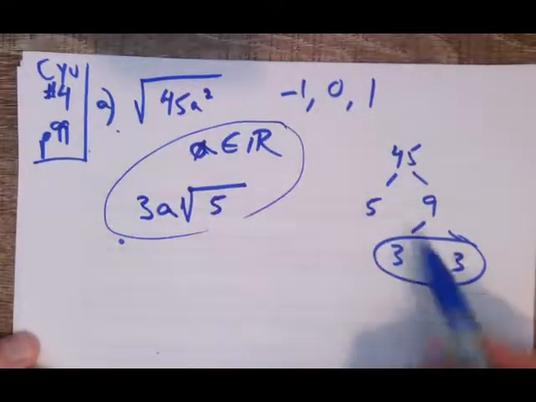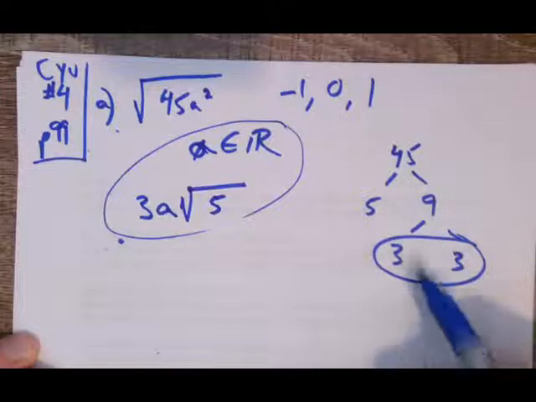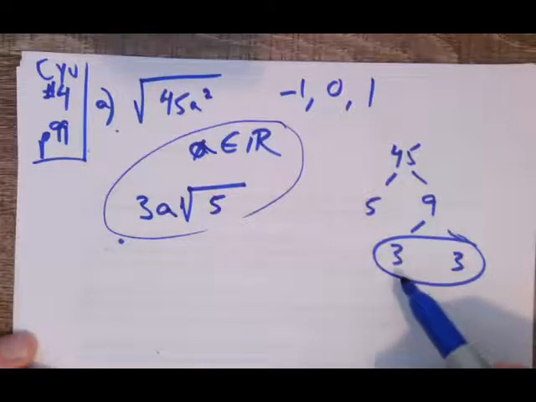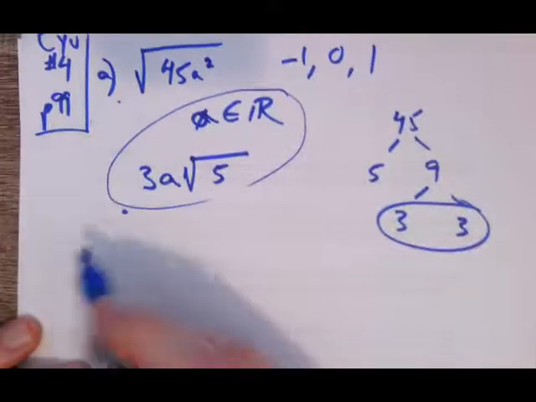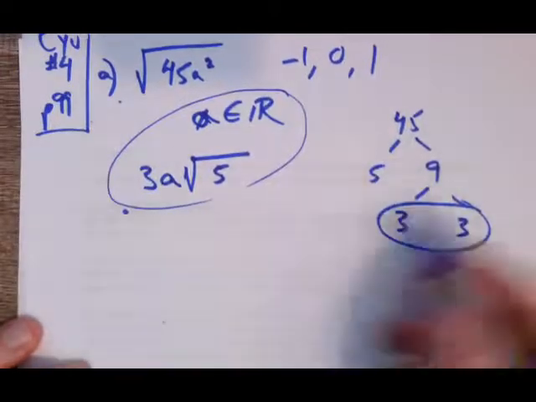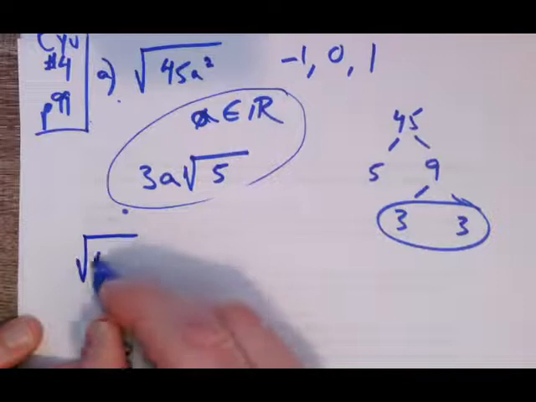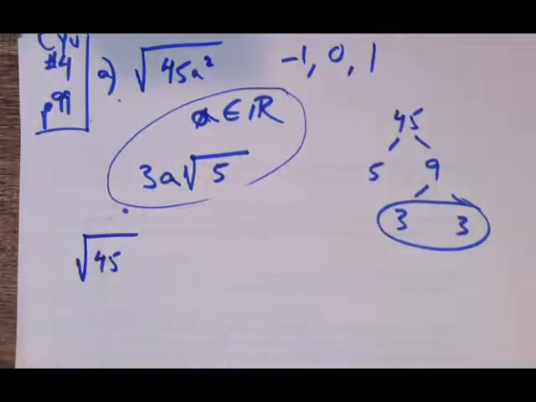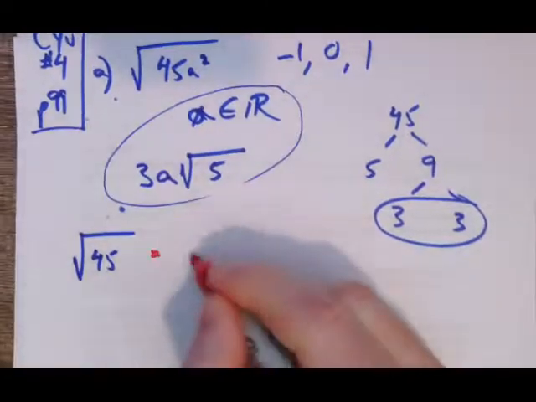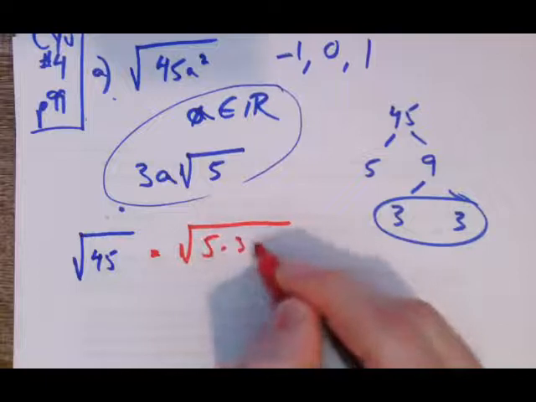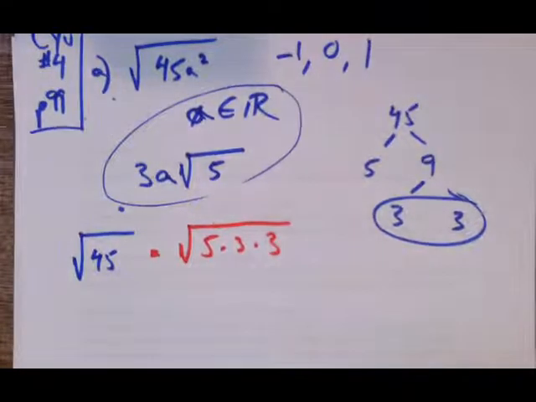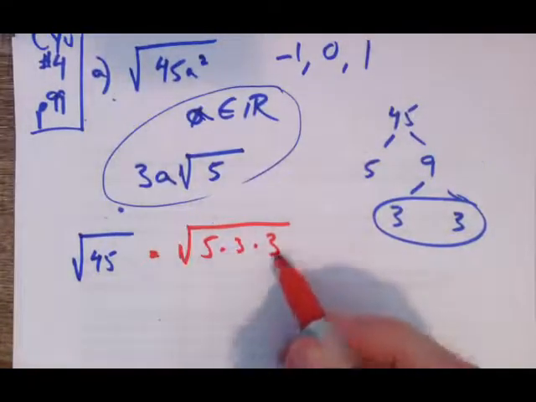Now, if this went too quick for you, I'm going to spend a couple seconds on this. For anybody who's got this, maybe skip ahead to B. So for this, the root of 45 equals the root of, the prime factors are 5 times 3 times 3, right? 5 times 3 is 15, 15 times 3 is 45.